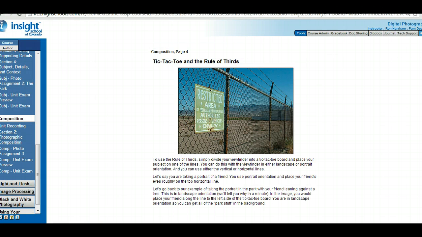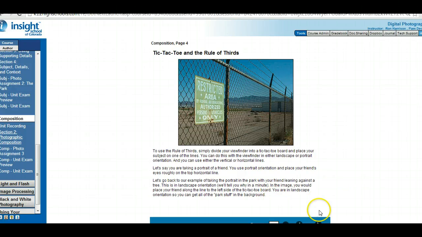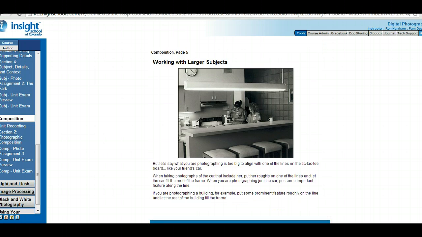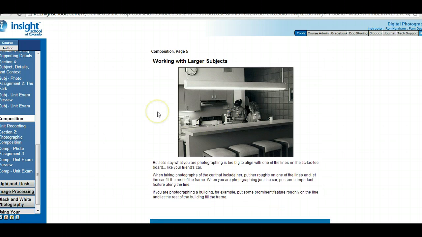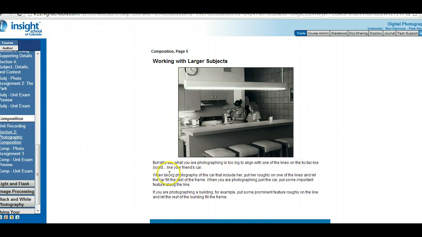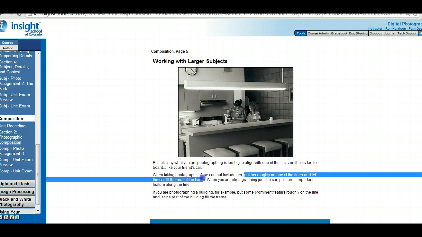So that talks about the rule of thirds and how you can have an imaginary tic-tac-toe game within your viewfinder. Now, when you're working with larger subjects, sometimes it can be too hard to align with tic-tac-toe. So when taking a picture of a car that includes your friend, put her roughly on one of the lines and let the car fill up the rest of the frame.